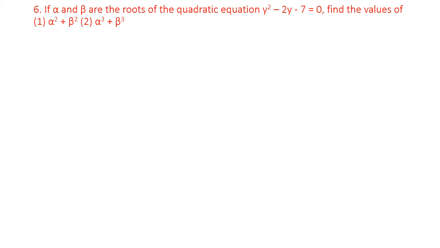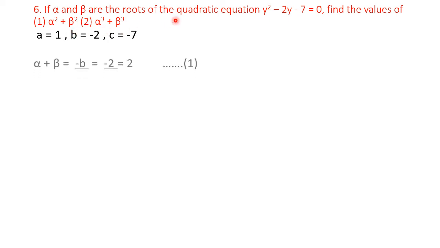At least we can find out the values of a, b and c looking at the given equation. So what we do is we compare this with the given equation, ax square plus bx plus c, and we get the values. So a is 1 children, b is -2 and c is -7. Then, as you can see in the question, alpha and beta are the roots.